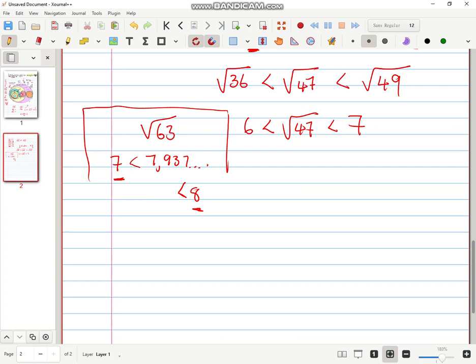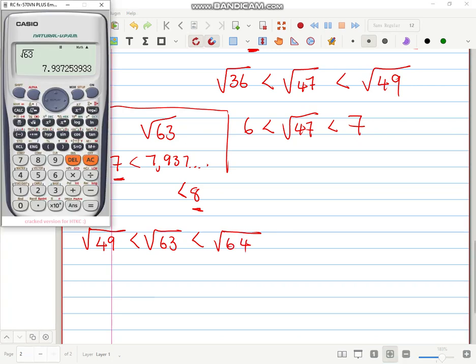So these are your actual consecutive 2 integers. But to make sure that you get full marks, you're gonna write it like this, right? 63, and then you're gonna say greater than, what is 7 times 7? 49. What is 8 times 8? 64. You can use a calculator to check. You have 7 times 7 equals 49.